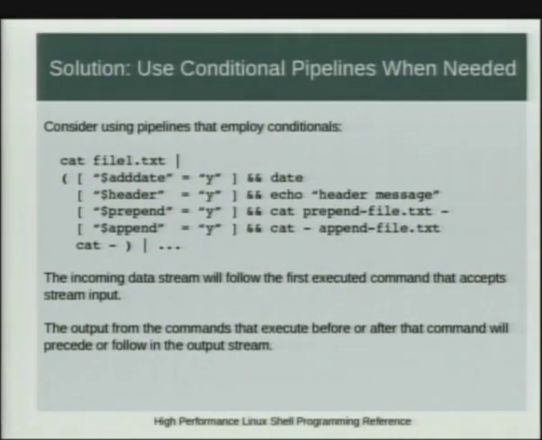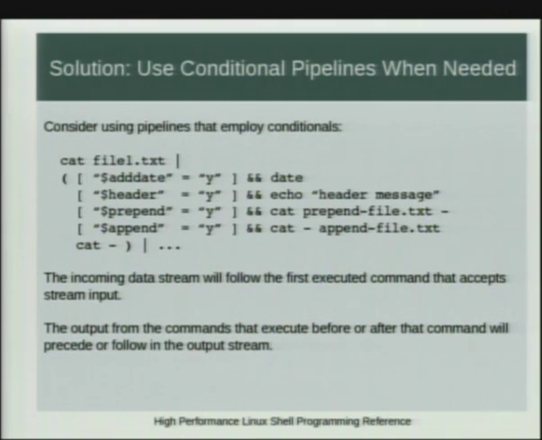Also, there's a way to greatly extend the usability of a pipeline, and that's by putting conditionals inside of subshells. The conventional way of using a pipeline is command, pipe, command, etc. This allows you to create what amounts to a railroad switching station. You can alter the path that data takes through any given stage of the pipeline by using subshells.